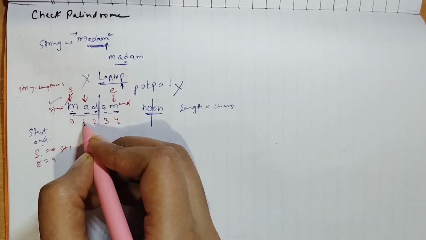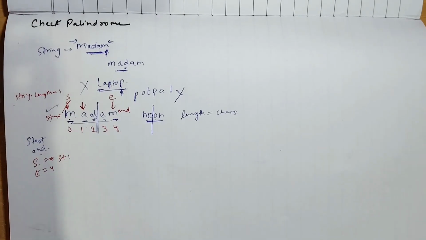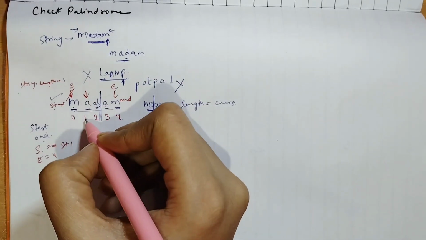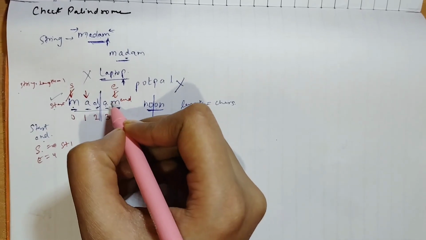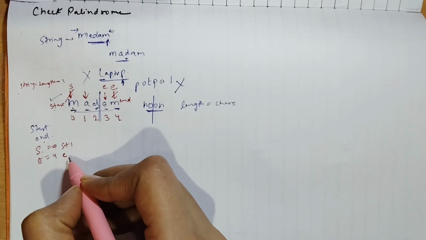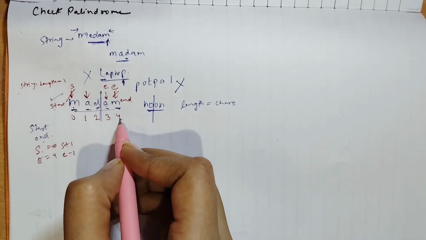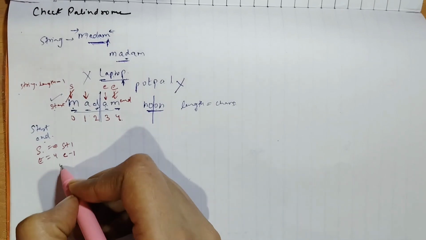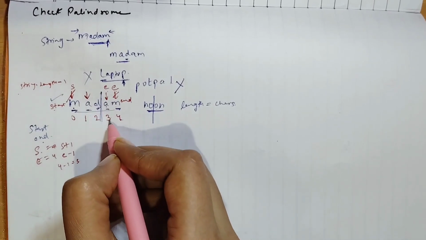So 0 plus 1 is 1, it has come forward. So now the start pointer is at index 1 and end will move from here and come here, means end minus 1. What was its index? End index 4. 4 minus 1 will be 3, means end index has come to index 3.